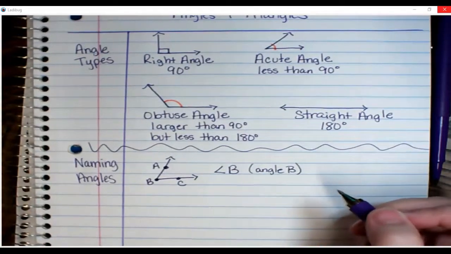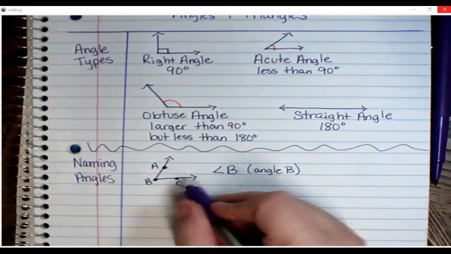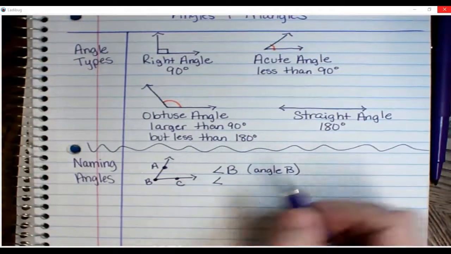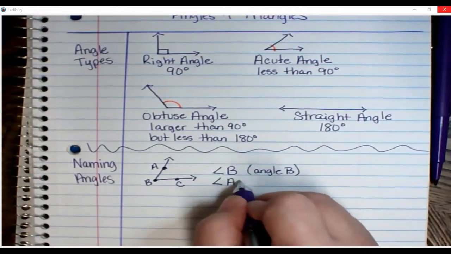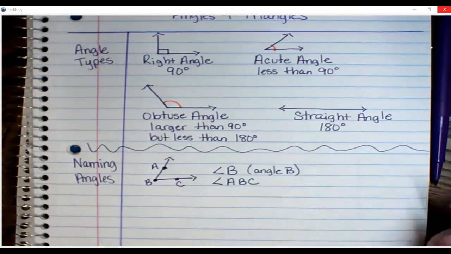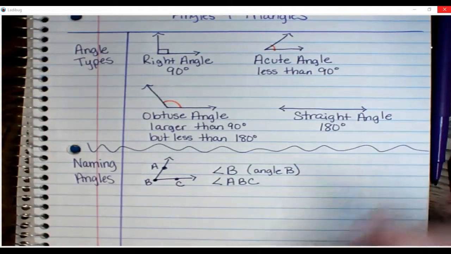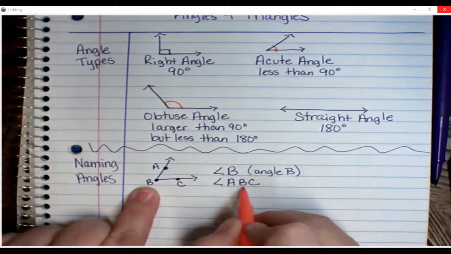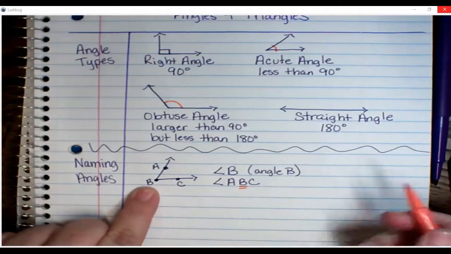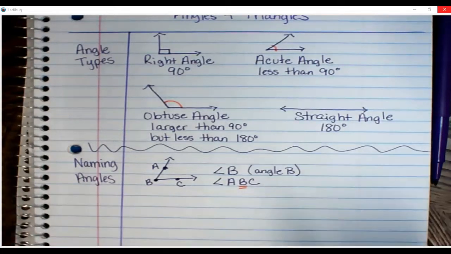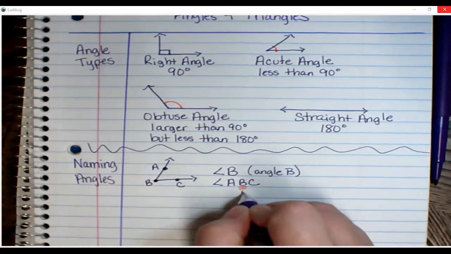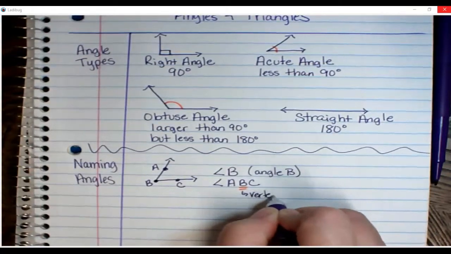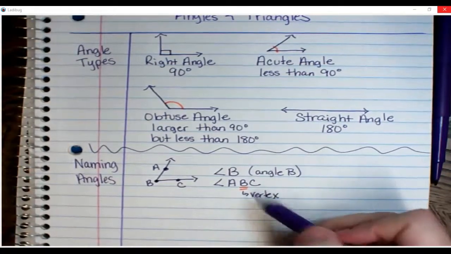Or I can name it by its three points. I could call this angle ABC. And it is important where the vertex point is located. If you notice here, the vertex is listed in the middle. This right here is the vertex. The vertex of the angle is always listed in the middle.